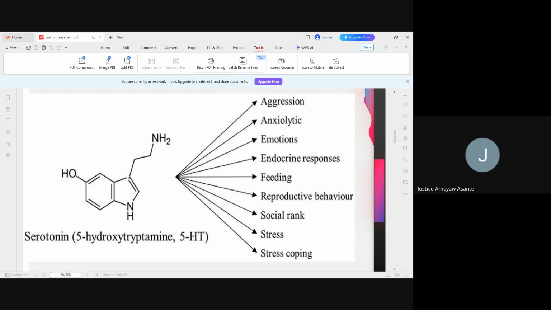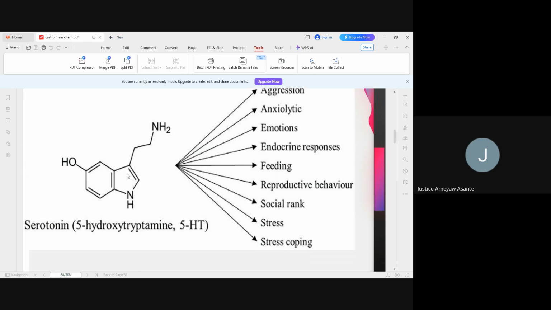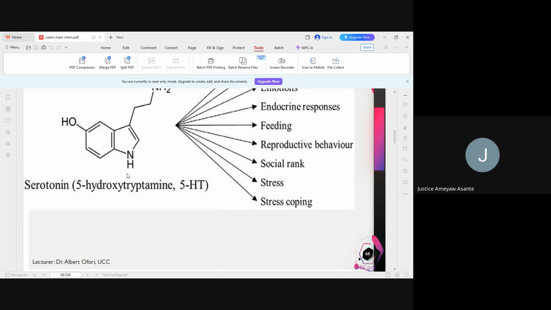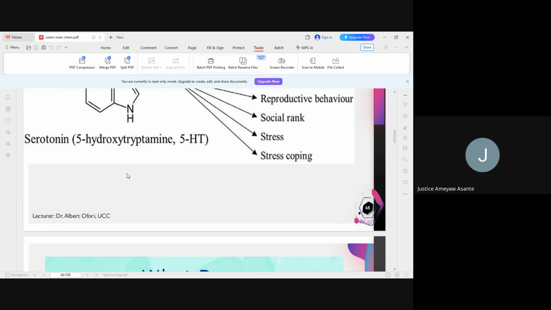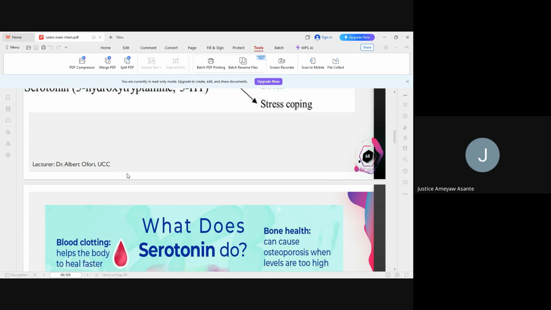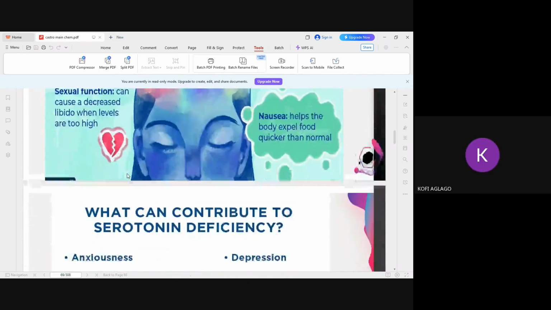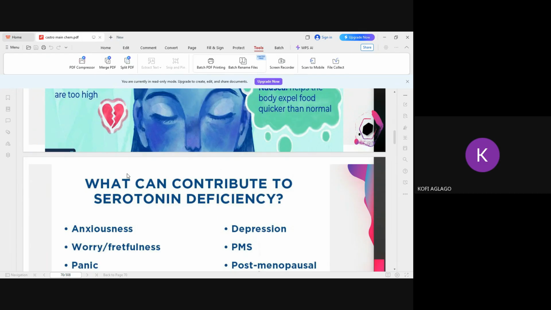They become so aggressive, and at the slightest thing they become stressed. And we need to control the amount in the body. And therefore, what do you use to control that? You use lithium carbonate. Okay, sir. Thank you.